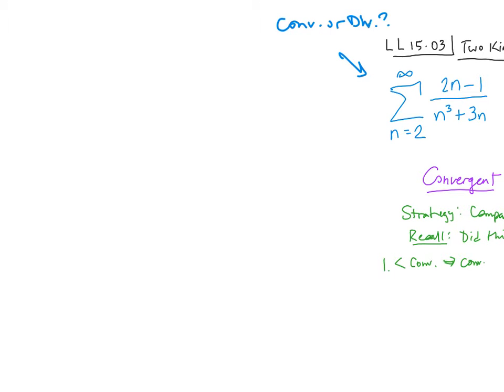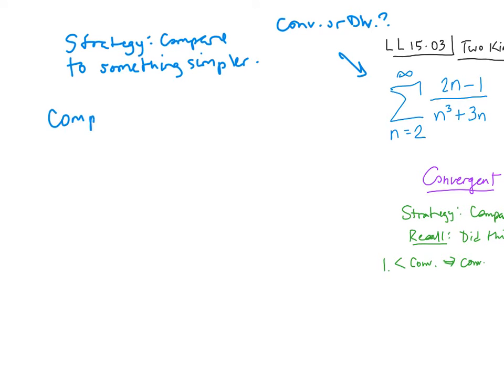And the basic strategy is compare this to something simpler. So what could I think about if I'm looking at 2n minus 1? Let me just write this down. So I'm going to compare the sum from n equals 2 to infinity of 2n minus 1 over n cubed plus 3n.